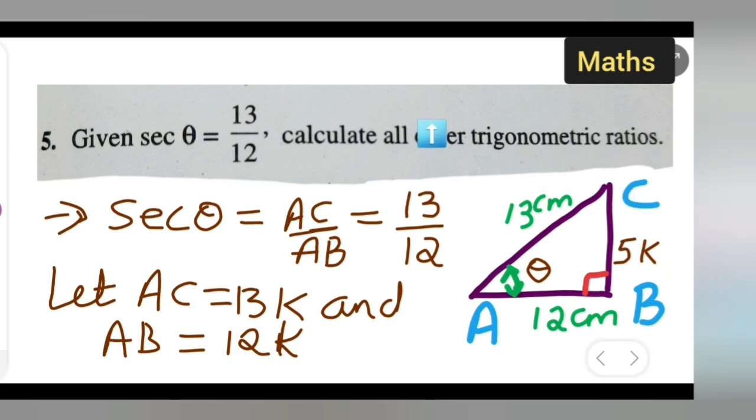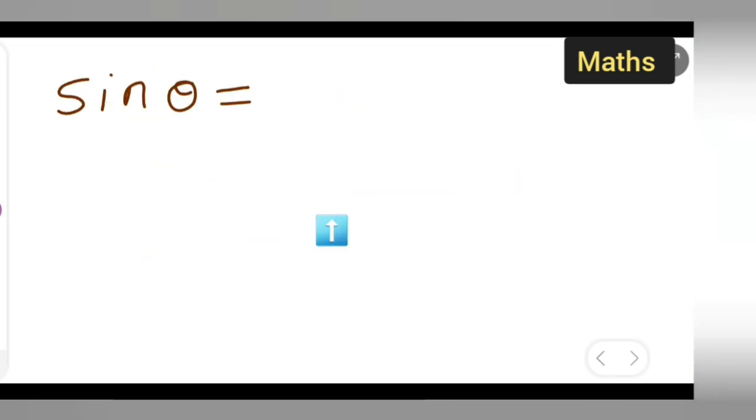Now we need to calculate all the trigonometric ratios. All means all, because sec theta is already given, no need. So first I will find sin theta. Sin theta is opposite upon hypotenuse.